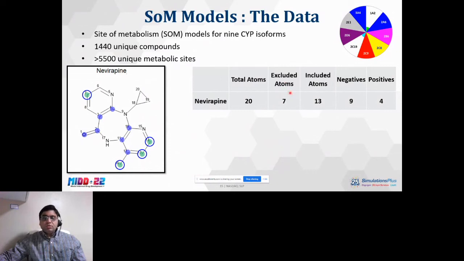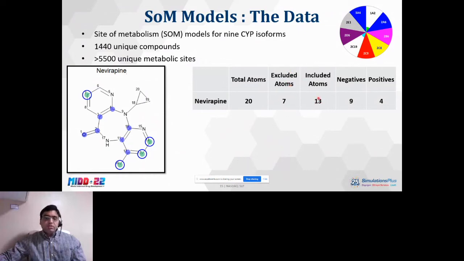These are the ones which are not potential sites of metabolism, and these are carbons containing no bonded hydrogens. For example, carbonyl oxygens or halogens, phosphorus, sulfonyl sulfurs, or quaternary nitrogens. These are the ones which we do not include in our study, so we call them excluded atoms.